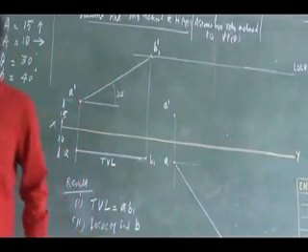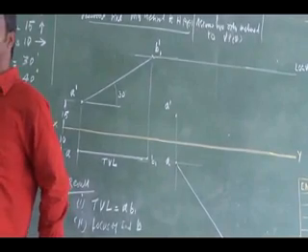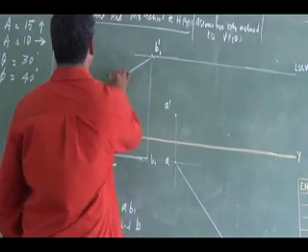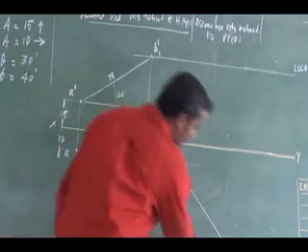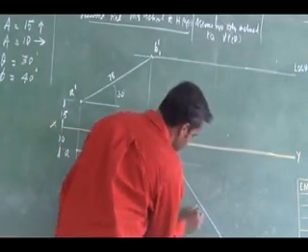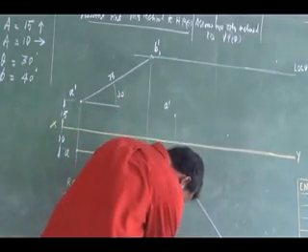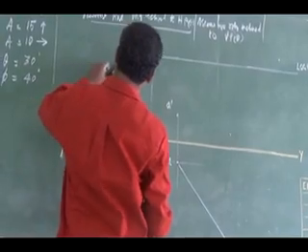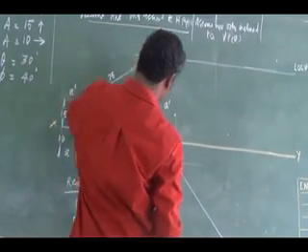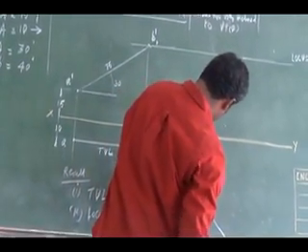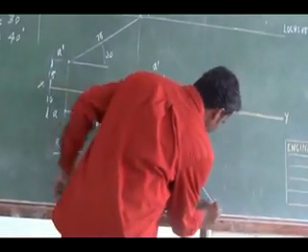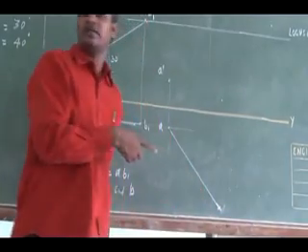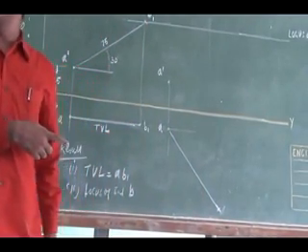What length do I have to mark? 75. That is the true length I have to mark. So this is 75. Same 75, I have to mark it. Is this my final end, the top view end?